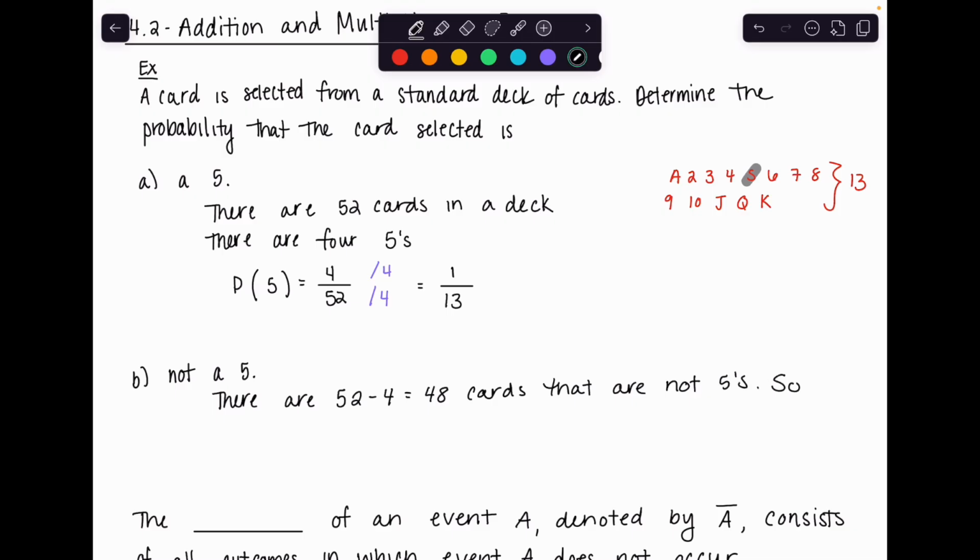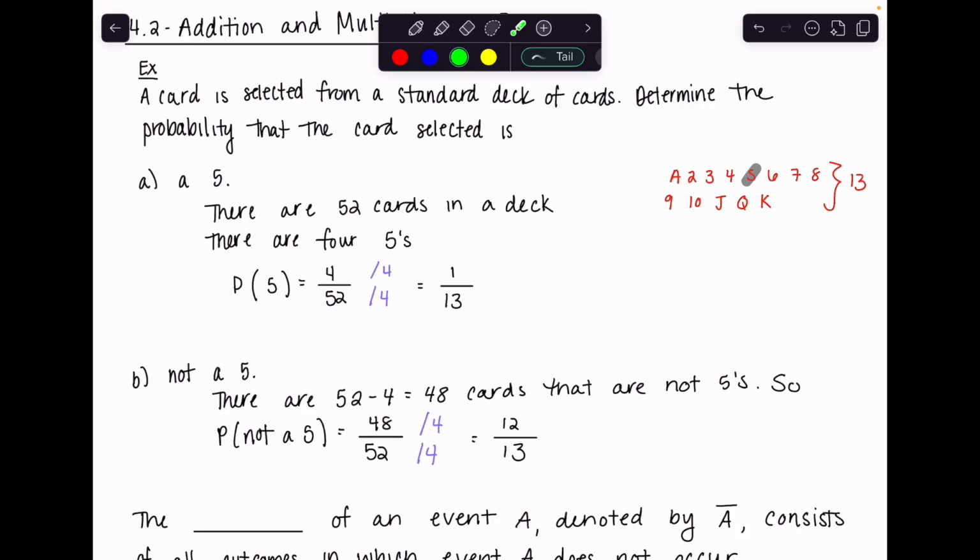So our probability of getting not a 5 on that draw is 48 out of 52. And again, it does simplify because if you divide top and bottom by 4, this indeed is 12 out of 13, which is exactly what we got from up here. There are 12 out of 13 cards that are not 5s, okay?